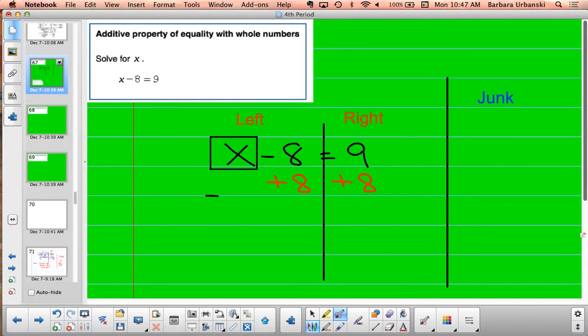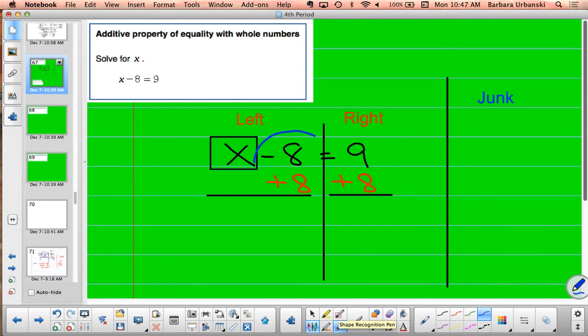I need to draw a line on the left side and on the right side because I want to calculate everything I've done so far. And by design, you can look and you've got, whether you call it a subtracted 8 with an added 8, a negative 8 and its opposite, a positive 8, the total would be 0. You have eliminated that term.